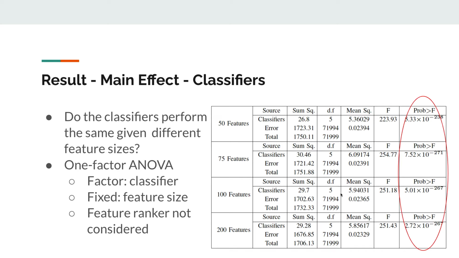The results show, circled here, that the probability of all classifiers having the same performance is much lower than the conventional threshold of 0.05. Hence, the paper concludes that the performance of all classifiers is not the same. Note that the feature ranker is not considered in this analysis.